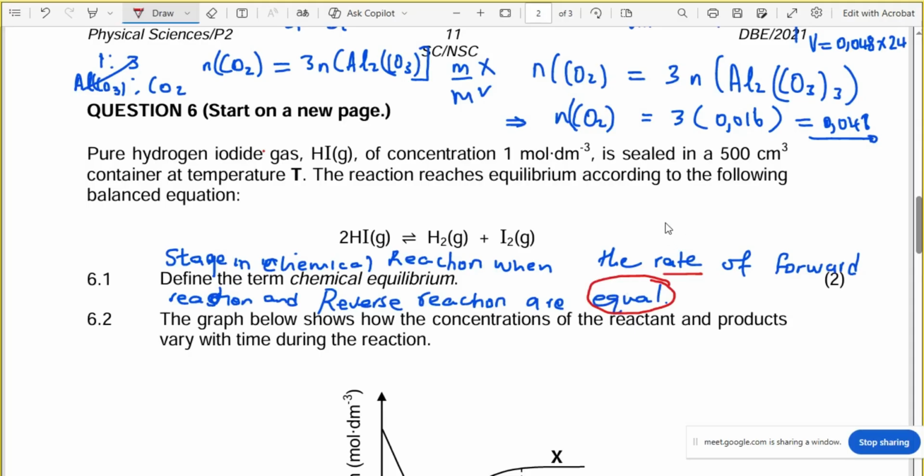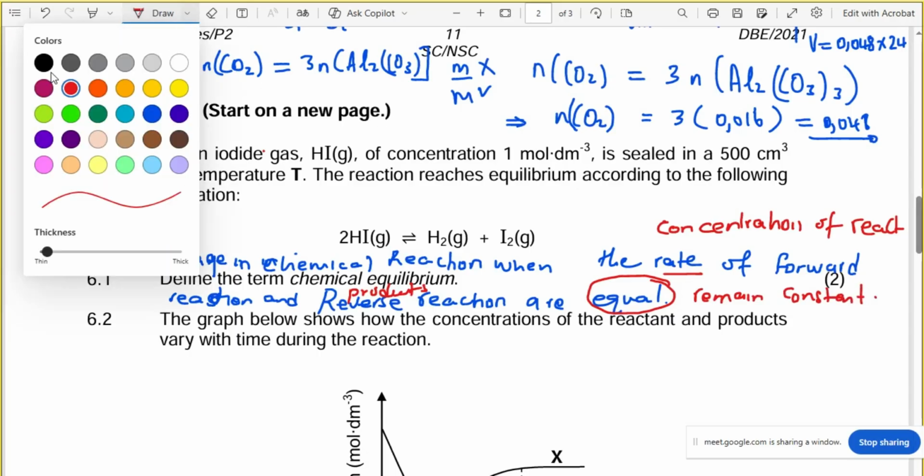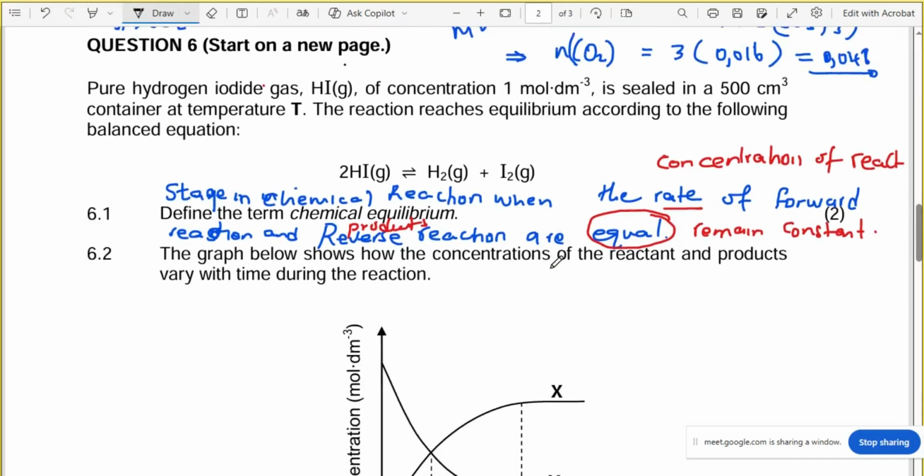And if you define it using the concentration of reactants and products, don't say equal. They remain constant. They are not equal, but they remain constant. You agree with me? Yeah.